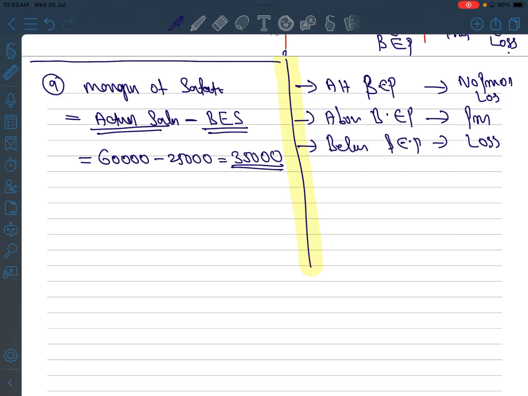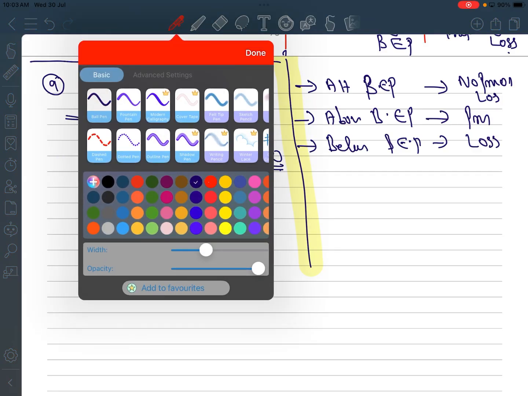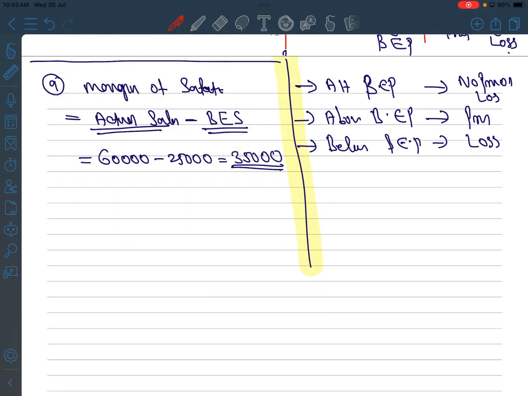What does it mean? It's very simple. Out of the total sales of 60,000, up to 25,000 there is no profit or loss. Below 25,000, there is a loss.